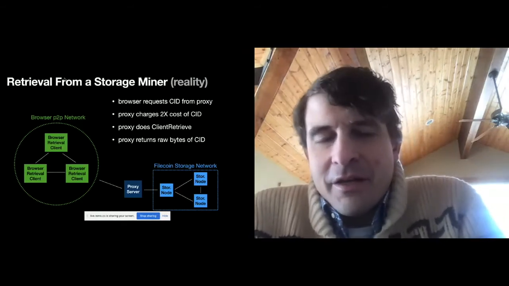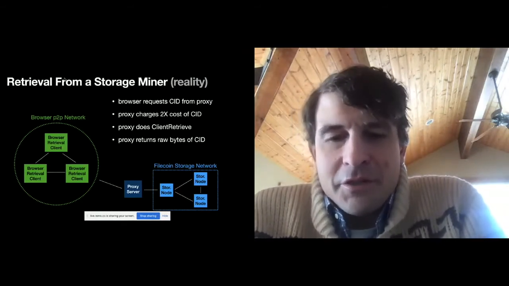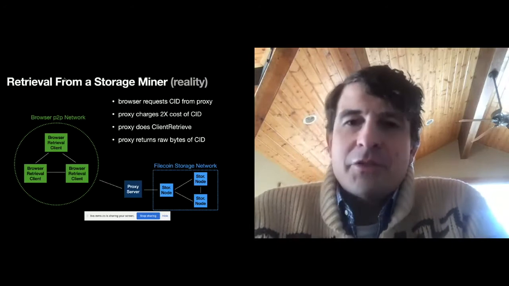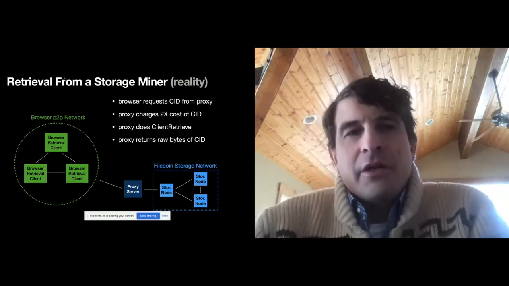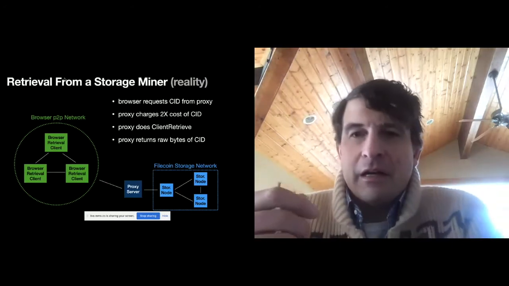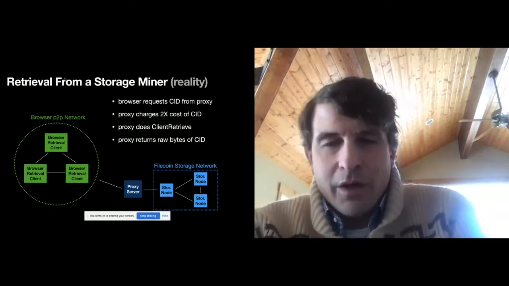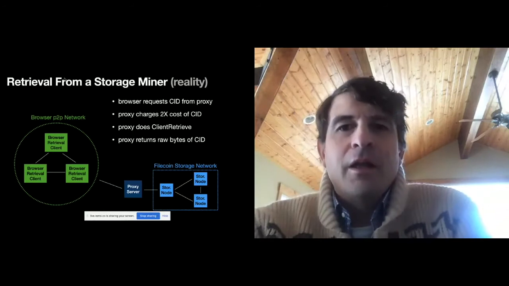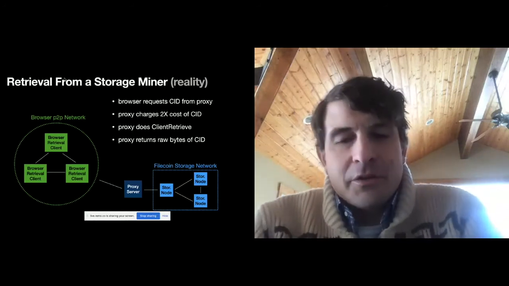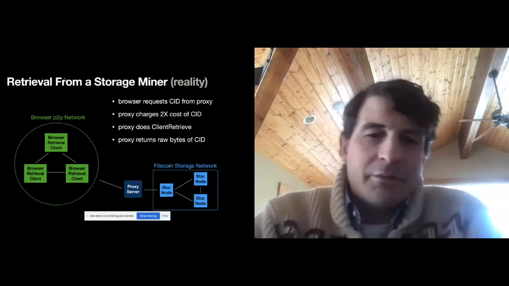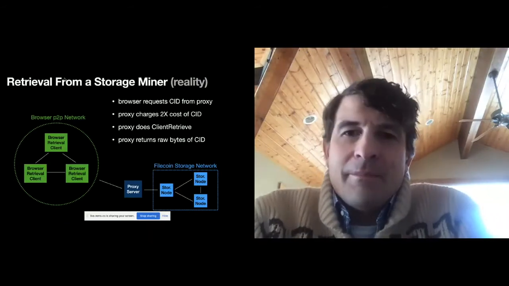The browser sends the request for what it wants to this proxy machine. The proxy machine is running a Lotus full node, so it's capable of doing a retrieval of whatever CID the browser is asking for from the Filecoin storage network, and then it just sends those bytes back to the browser.